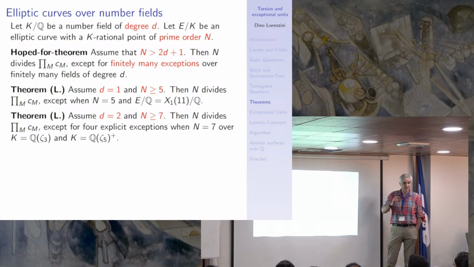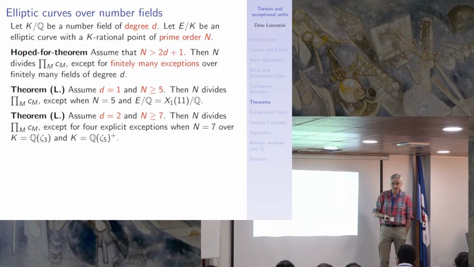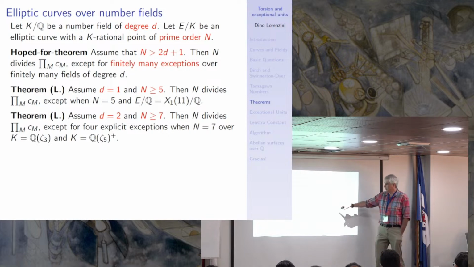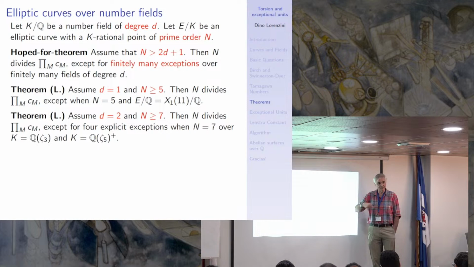And for each of these fields, there are 2 elliptic curves that don't produce a cancellation. All right? Again, the new part here is that this is a theorem for all quadratic fields, not just for Q, right? So this is excluding infinitely many; I have to deal with infinitely many quadratic fields and get a finiteness out of that.